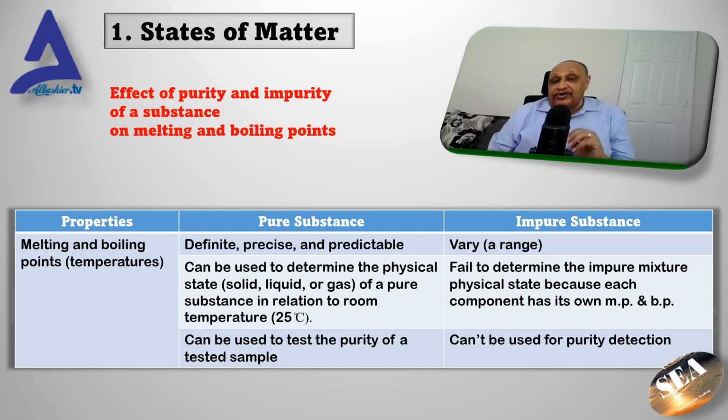They can be used to test the purity of a tested sample. So if I have a sample that I don't know whether it is a pure substance or not, using the melting and boiling points, I can know if it is pure or not. But I can't do that in the case of a mixture.